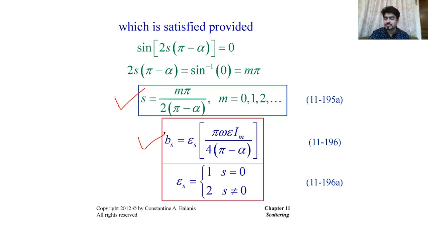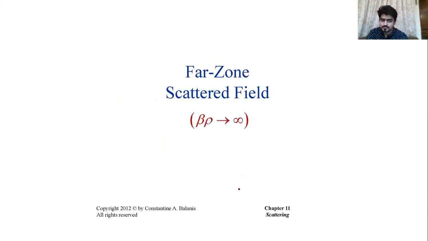We are not going to go into the detail, but it's the same procedure, where this epsilon S is nothing but a Neumann coefficient, and that Neumann coefficient has a value of 1 when S equals 0, and a value of 2 when S is not 0.